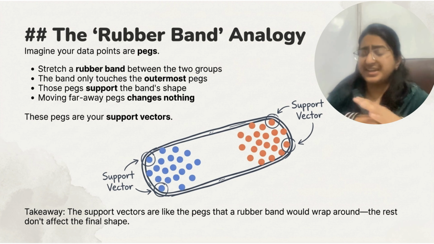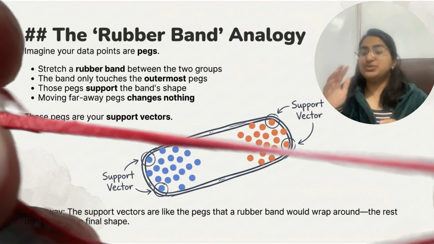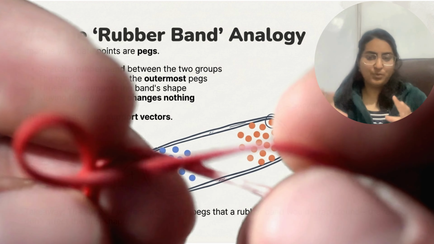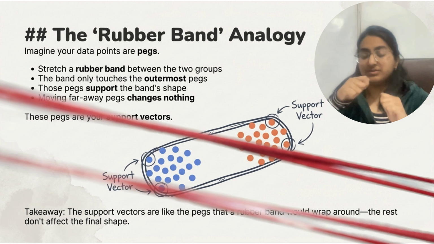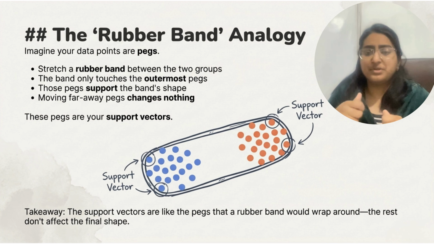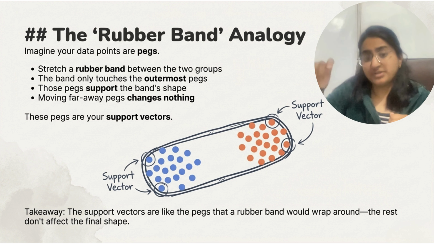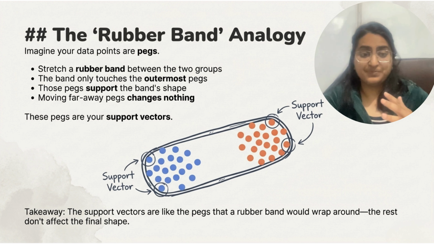Let's use a very easy analogy. Imagine each point as a peg on a board. Now stretch a rubber band between the two groups. Each peg affects the rubber band's shape. Not the pegs deep inside, only the pegs on the outer edge, the ones the band touches.